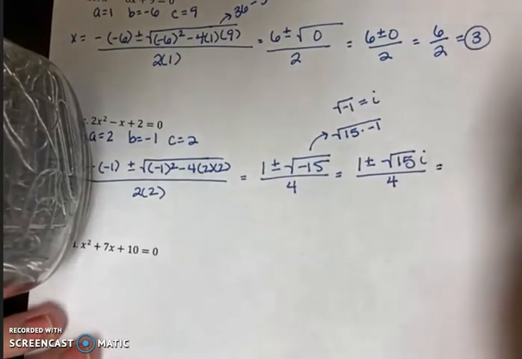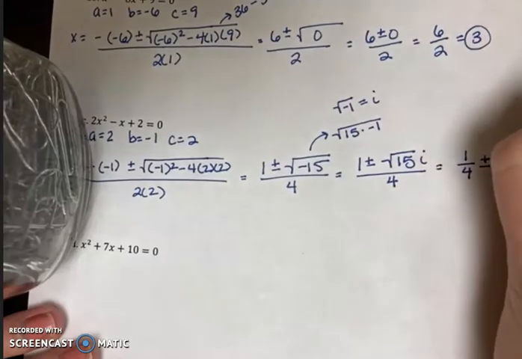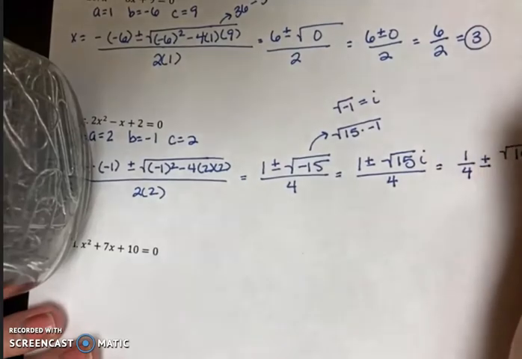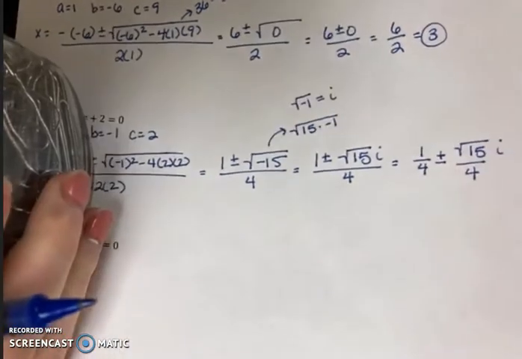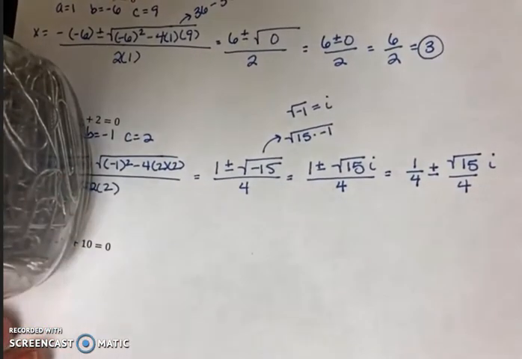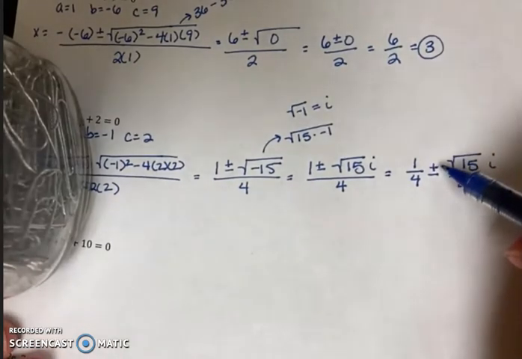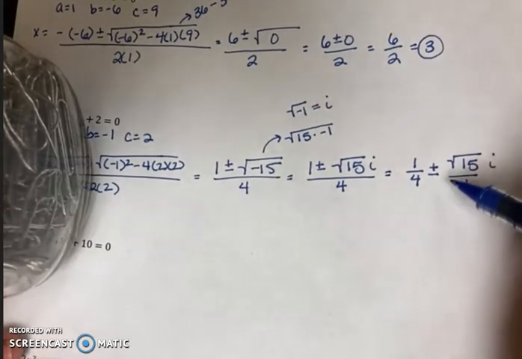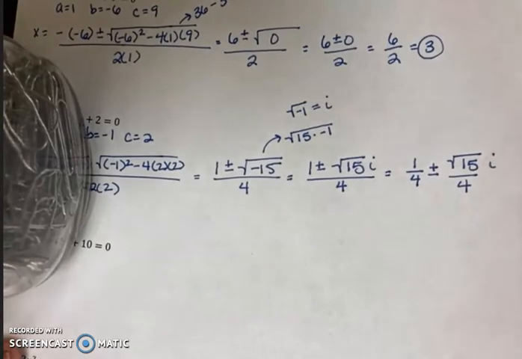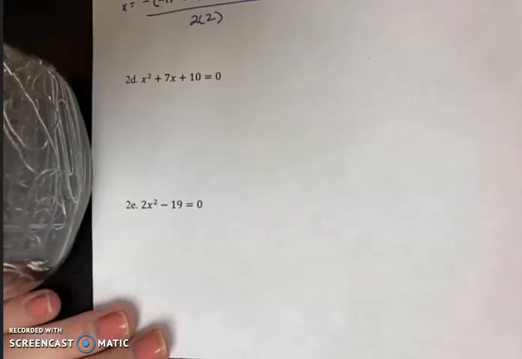So that means I have 1/4 plus or minus root 15i over 4. So I do have, like we said, two imaginary solutions. The first one is 1/4 plus root 15 over 4 i, and the second one is 1/4 minus root 15 over 4 i. So we are now done.